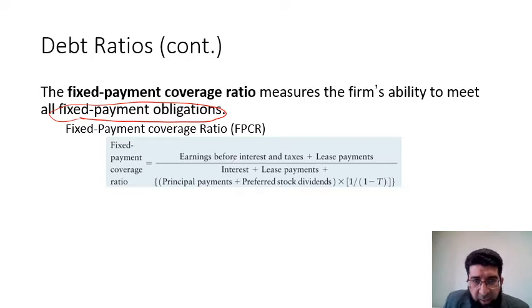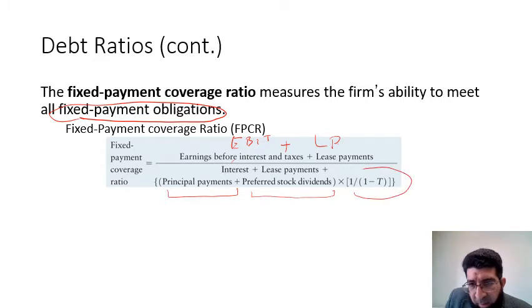So it's calculated by EBIT plus the lease payment, divided by interest plus lease payment plus principal payments plus preferred stock dividends, multiplied by 1 divided by 1 minus t.